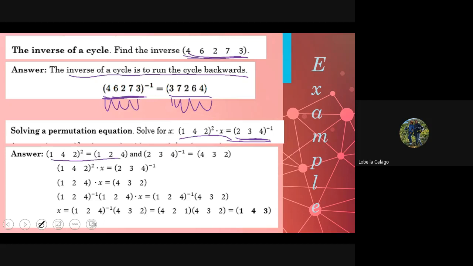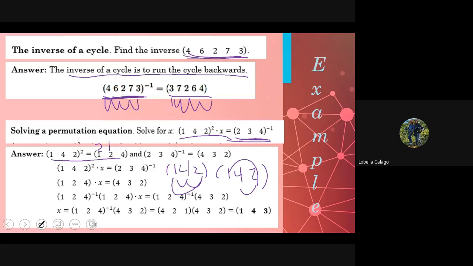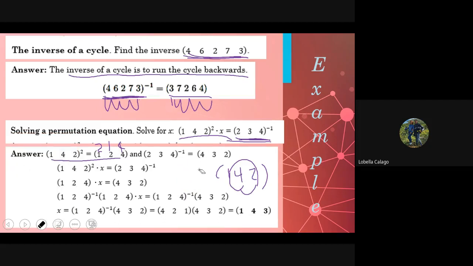Kasi ang (1 4 2), pag dalawa yan siya, 1 mapping to 4, 4 mapping to 2. Dapat, ang answer niya is 2 dyan. And then, 4 mapping to 2, 2 mapping to 1. Then 2 mapping to 1, tapos 1 mapping to 4. Dapat answer kasi is (2 1 4). I don't know why yung answer niyan is nagbigay ng (1 2 4). Baka mayroon kasing corrections dito.